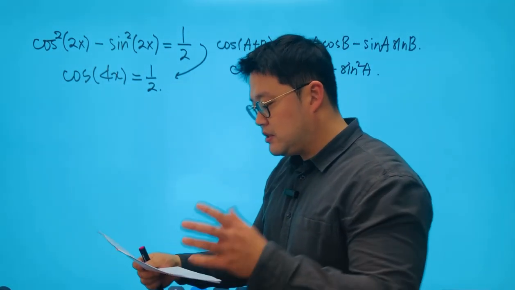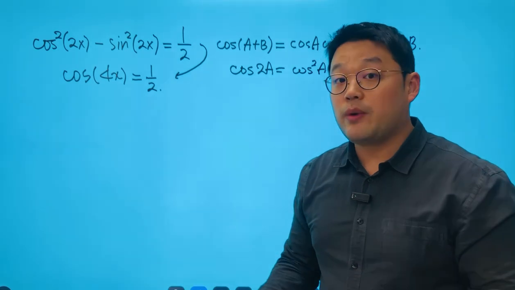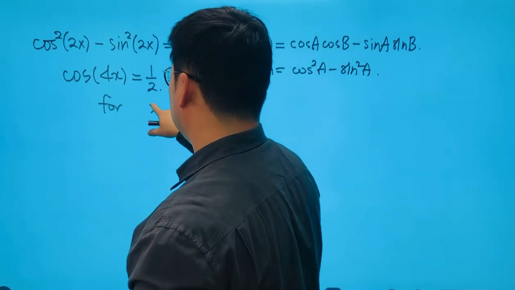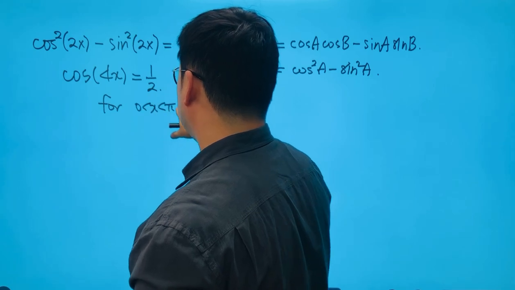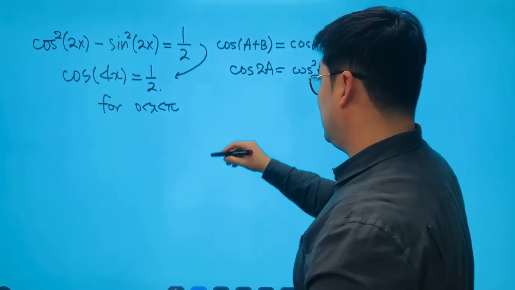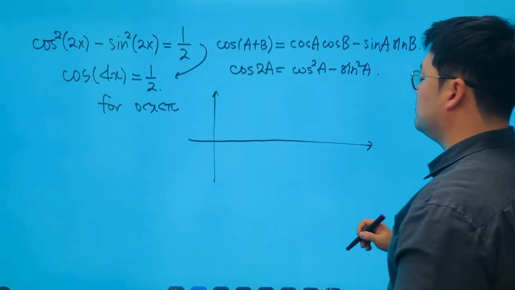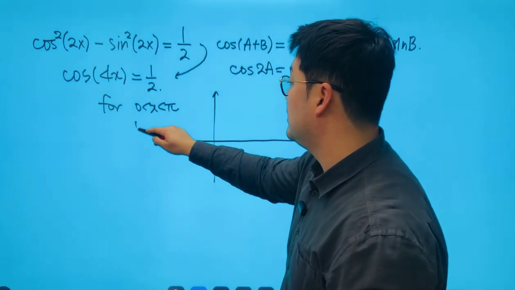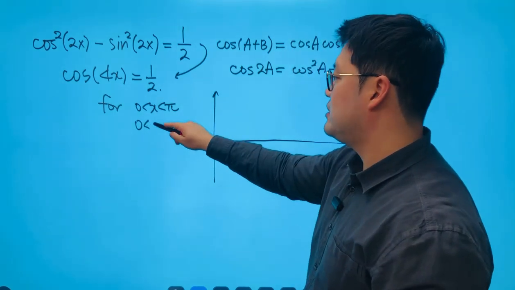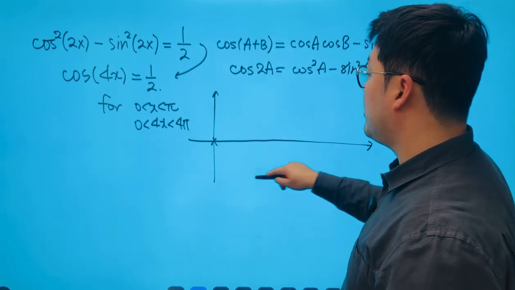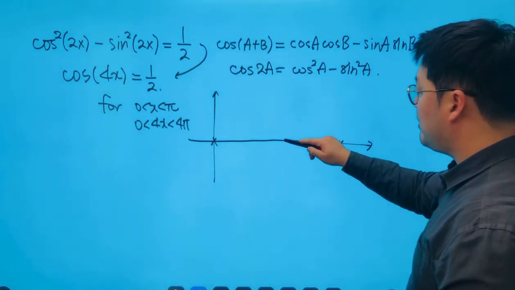Now, if you look at the question carefully, x is between 0 and pi, right? Since x is between 0 and pi, we can graph this. If we just use the basic fact, from 0 to 2 pi, I would say we should go up to 4 pi, and there's going to be half of it.